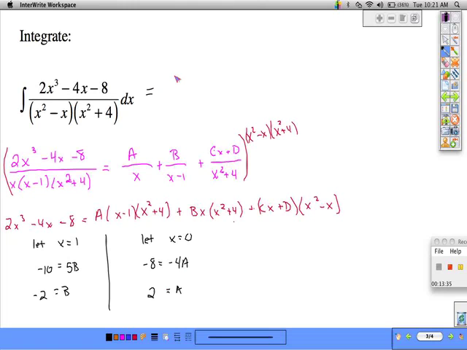So far, before I get into that, I'm left with the integral of 2 over x dx minus the integral of 2 over x minus 1 dx, and then I'm going to have some other integral at the end here that's over x squared plus 4. Let's find out what that is.